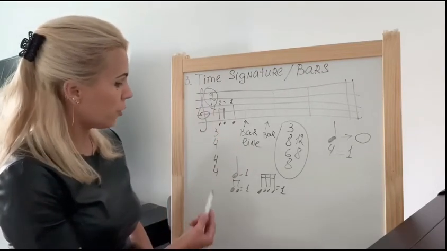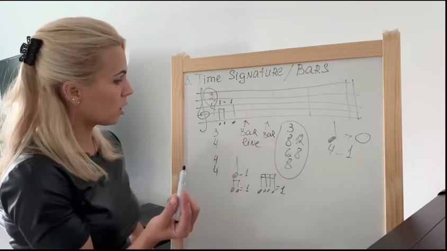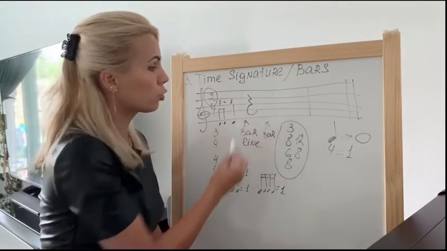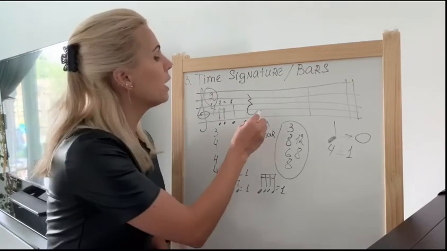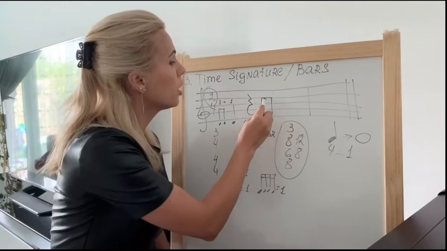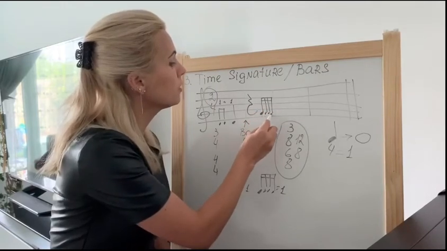In the next bar, to make it a little bit more colorful, I can write a crotchet rest, and I can also write 4 semiquavers.